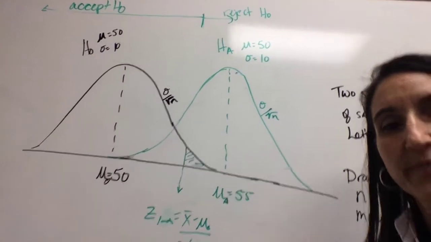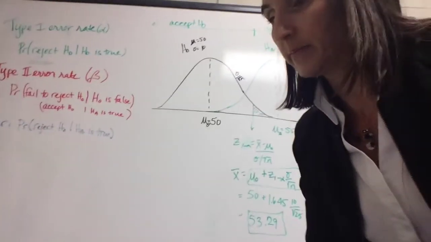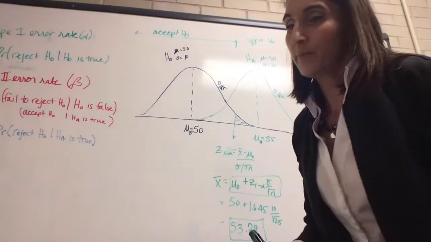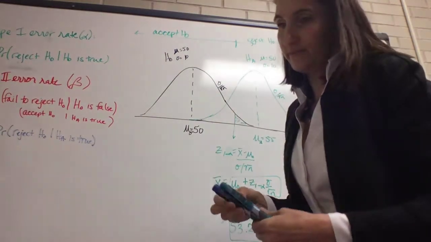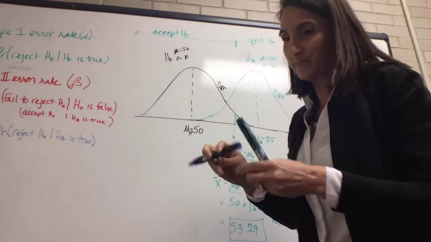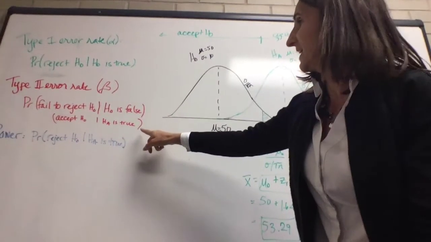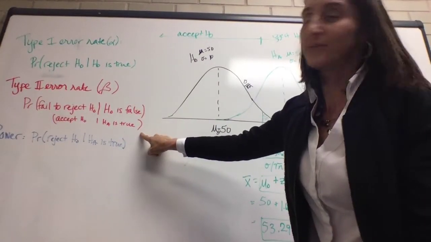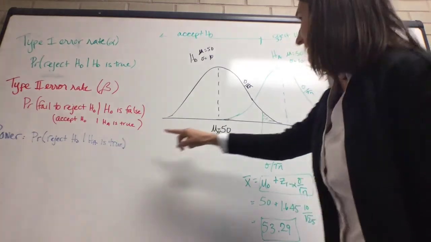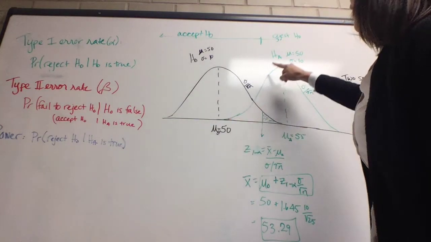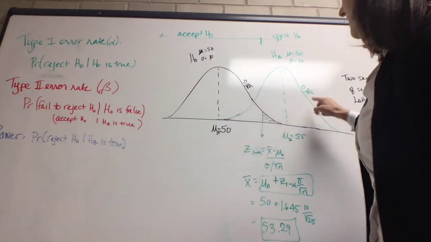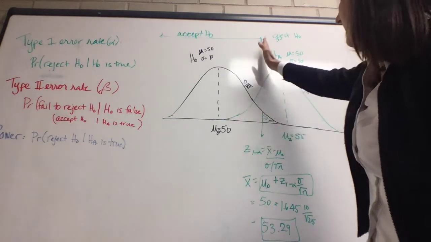All right, so now we're going to look at our beta error. So what is a beta error? First of all, a beta error is over here. It's like, if HA is true, what's the probability that we're going to accept H naught? So if HA is really true, this curve, what's the probability that we're going to accept H naught?